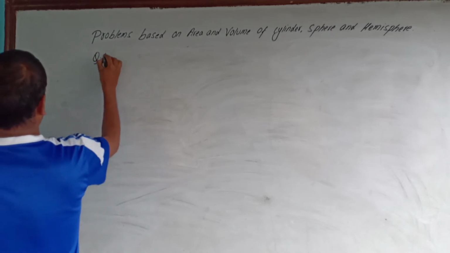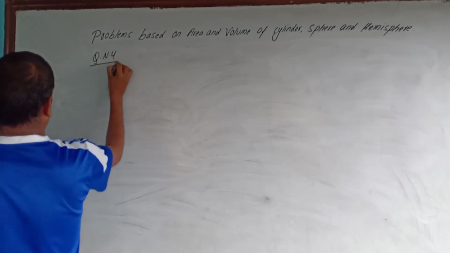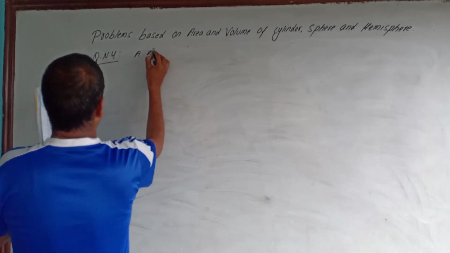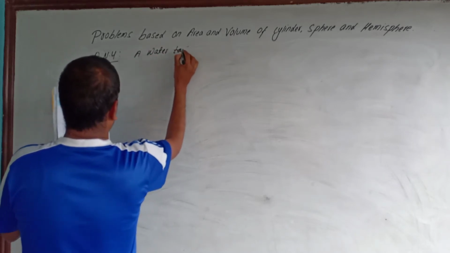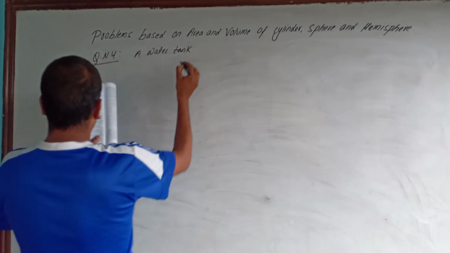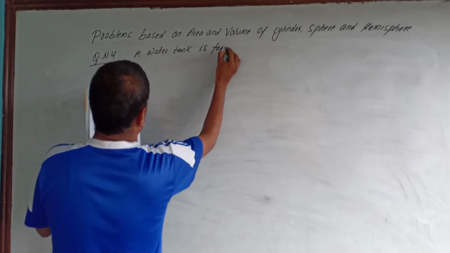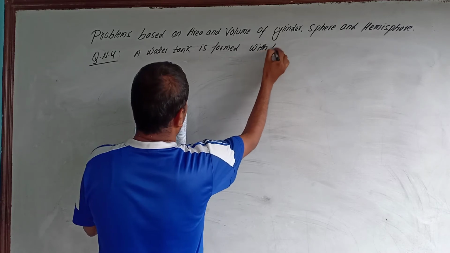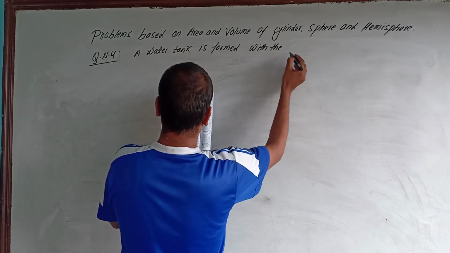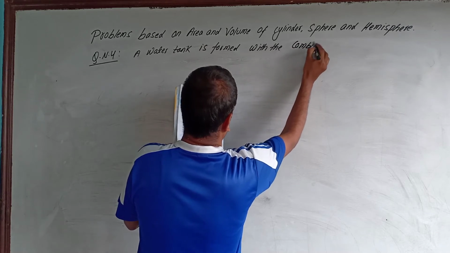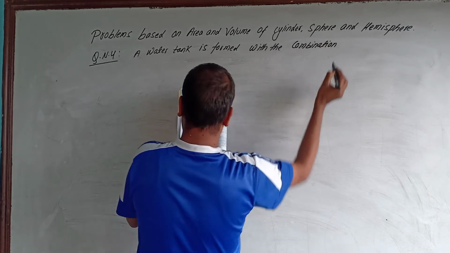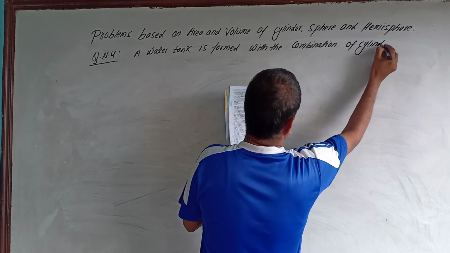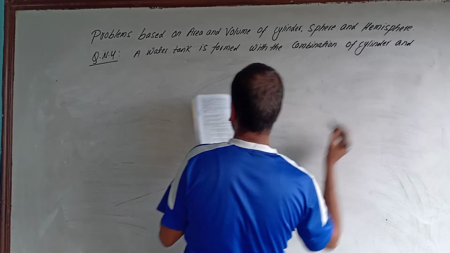Question number 4. A water tank is formed with the combination of a cylinder and hemisphere.